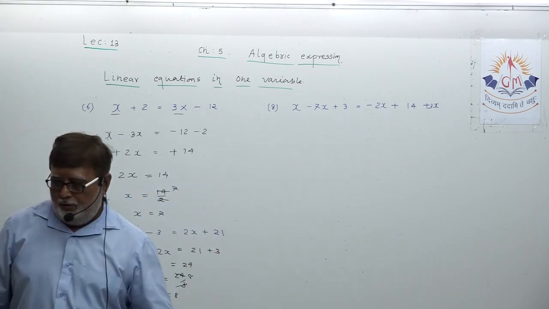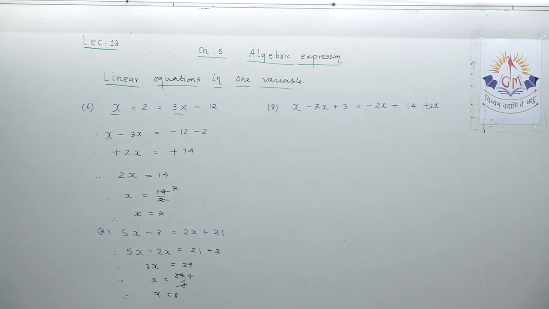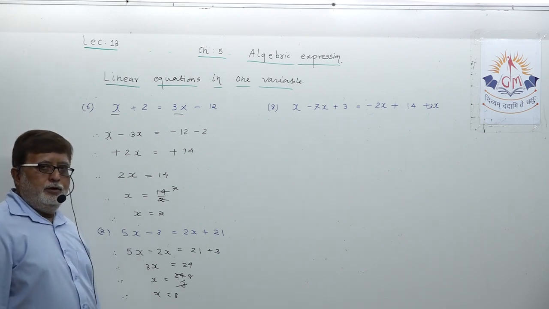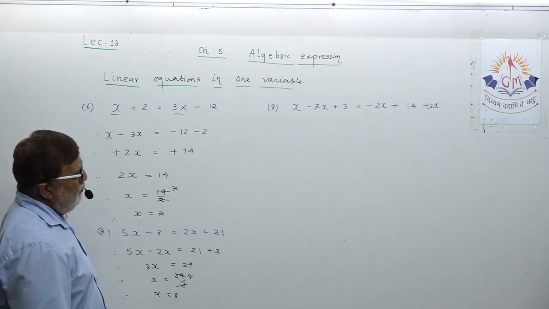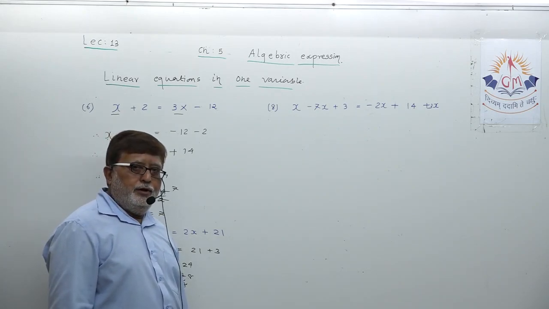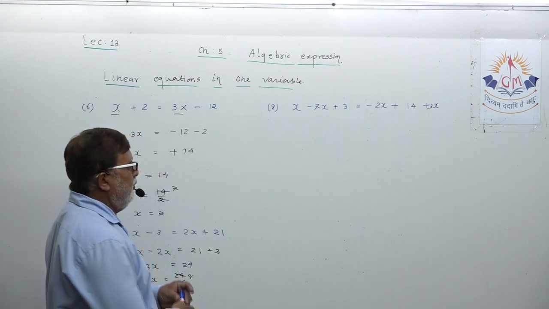Now dear student, watch here. What you can visualize, how many terms with variable are there? Four terms. See, two terms containing variable on the left hand side and two terms containing variable on the right hand side.